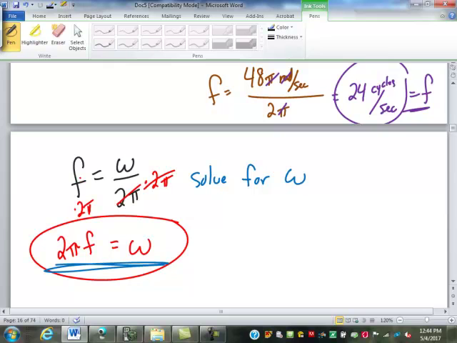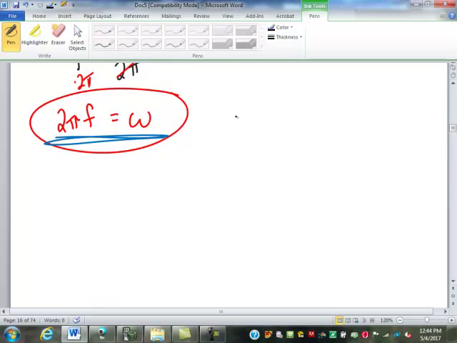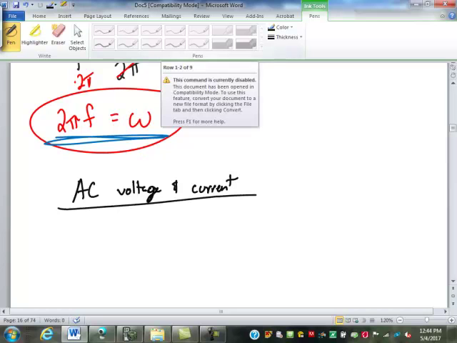Now, why is it that in telecommunications, or in broadband technologies, we're talking about angular velocity and things rotating? Well, you do have rotating motors and stuff like that that you could deal with. But more importantly, your sine wave, your signal, AC voltage and AC current, use this type of formula to track their cycle.